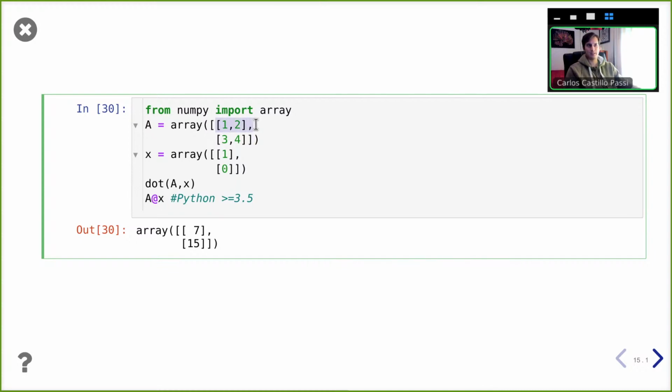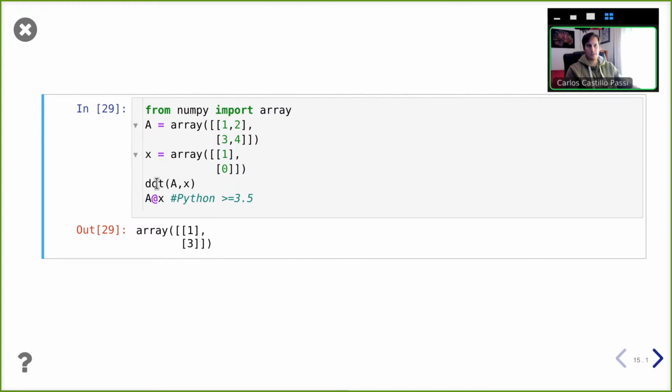It is like a list of lists. The same with x, 1 and 0. And if you do the dot product between A and x, that is the same as the matrix multiplication, you'll get this, 1 and 3.